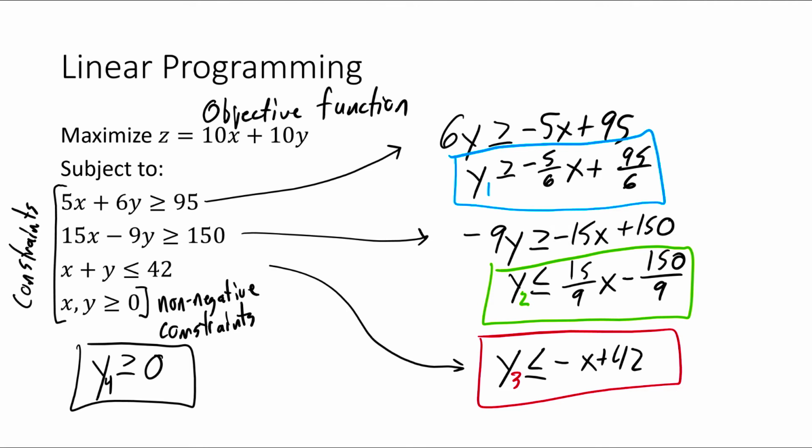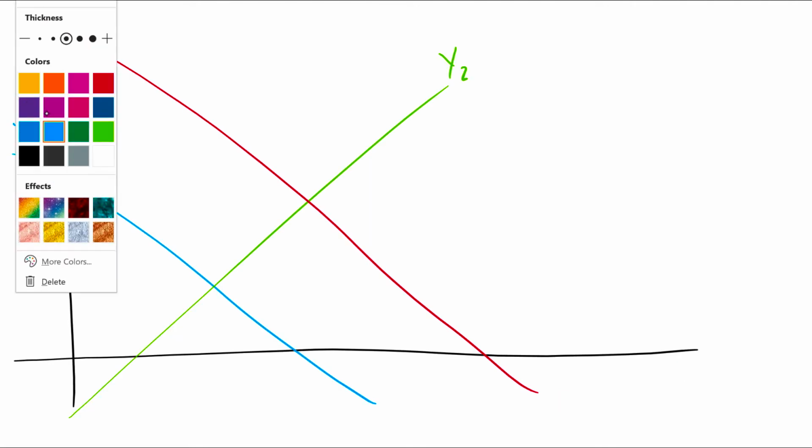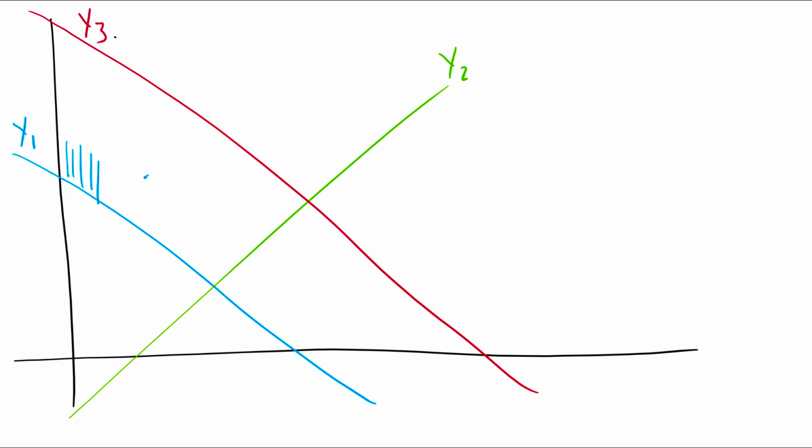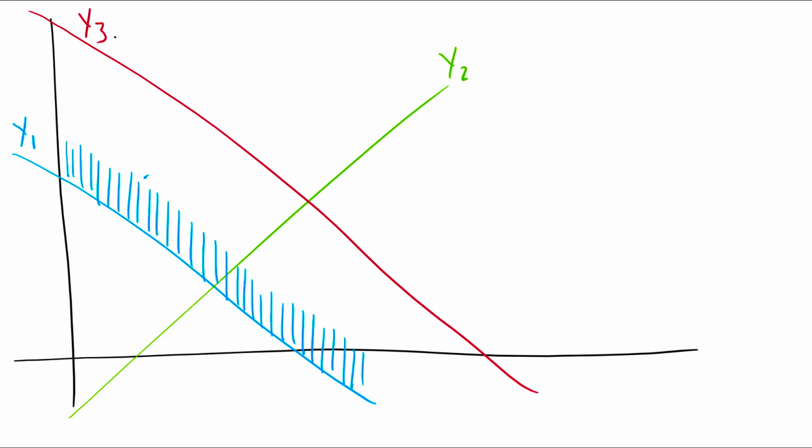Y1 was greater than or equal to, so that one we're going to shade above the line. So I'm just going to shade a little bit above the line just so we can kind of see where it's going. Y2 is less than or equal to, so we're going to shade below that line.